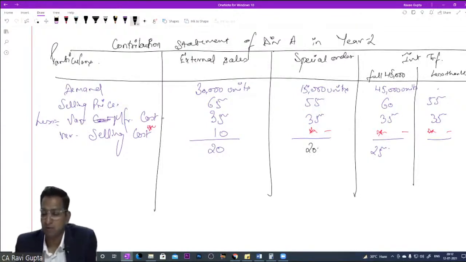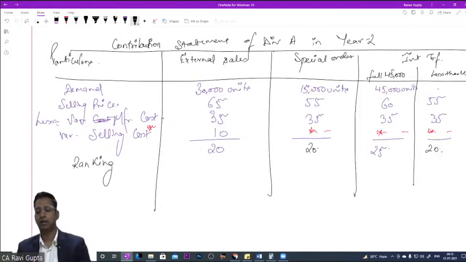Here we have 25 rupees and 20 rupees. So if we do the ranking, this will be the first rank. If we do 45,000 units, this is going to be not applicable. That is, either we can fully supply or supply lesser.